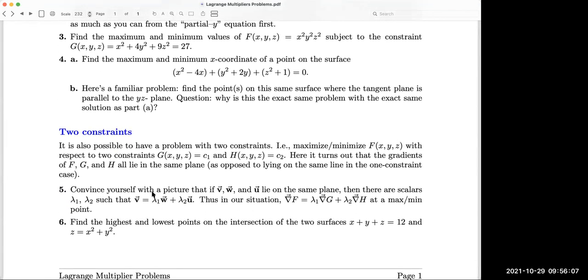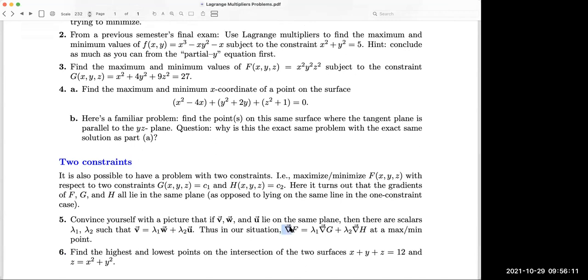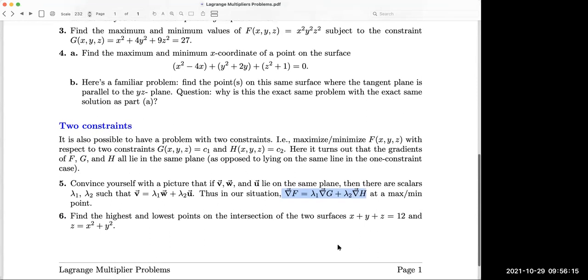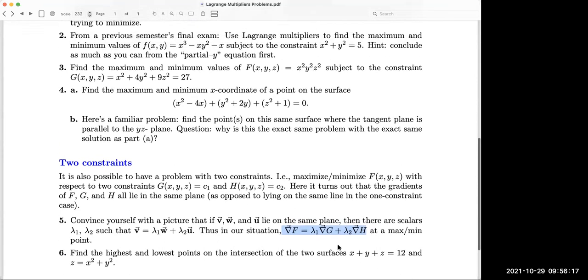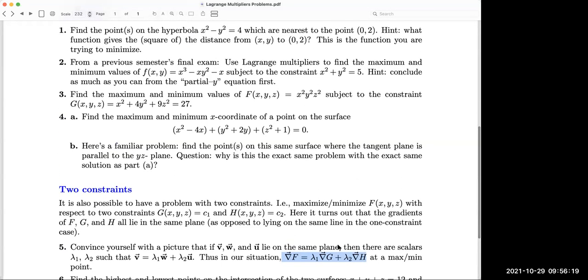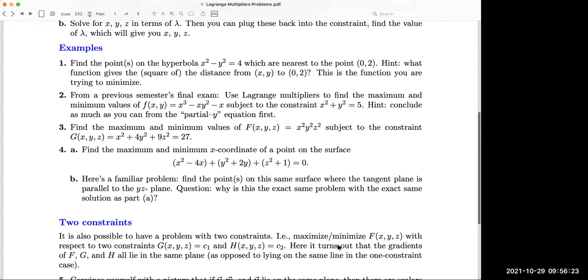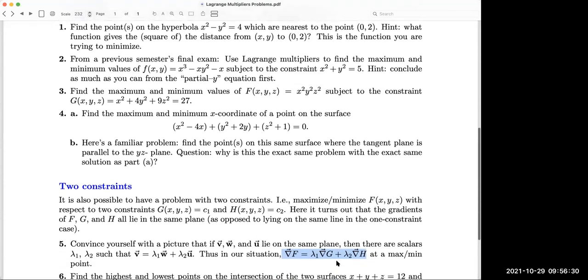And it does turn out that you get some sort of generalization of Lagrange multipliers, which is something kind of crazy like this. It's not obvious why that's true. It turns out that the gradients all lie on the same plane, as opposed to lying on the same line in the one constraint case.